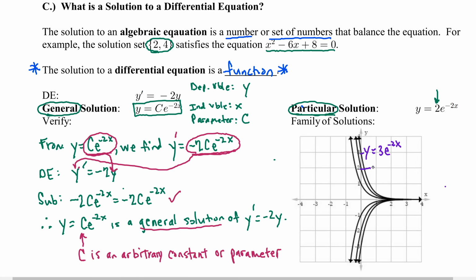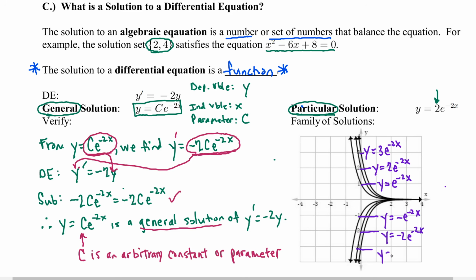Here's the specific particular solution we were considering, y equals 2e to the negative 2x, and I'm just judging these based on the y-intercept there. This one then would be y equals negative e to the negative 2x. This is y equals negative 2e to the negative 2x.